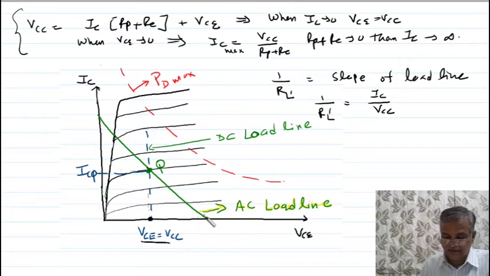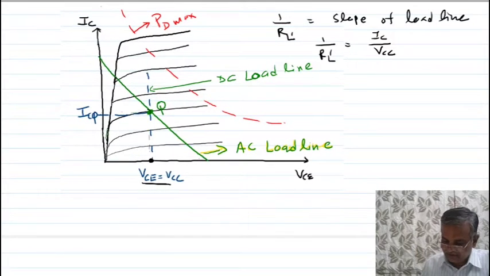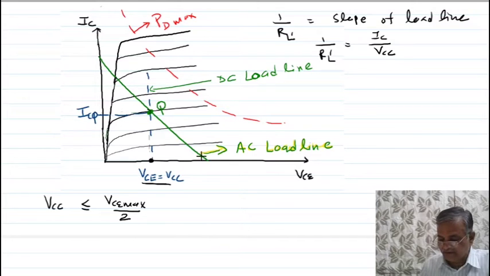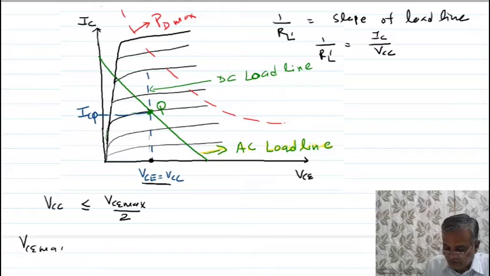This can be obtained this way: if you keep VCC less than or equal to VCE max by 2, then this voltage cannot be greater than VCE max. Remember, VCE max is given by the transistor manufacturer.